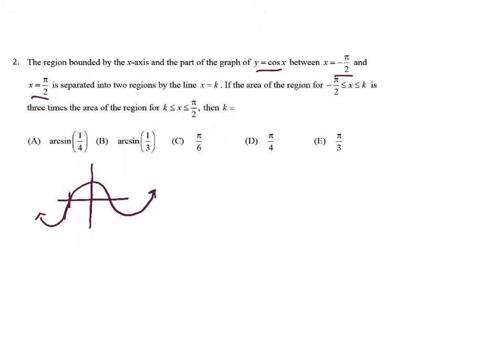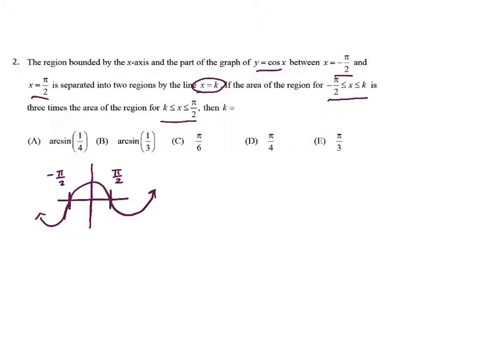So we're looking at this portion from negative pi over 2 to pi over 2. Is that okay? And then we're going to take a line that is x equals k, and we're going to divide that region into some different parts. We've got from negative pi over 2 to k, and then from k to pi over 2.